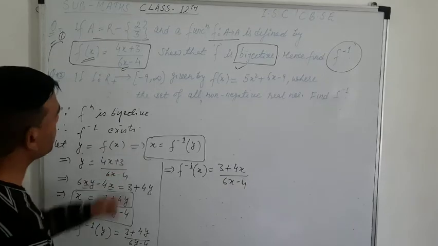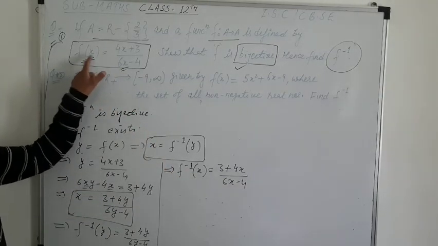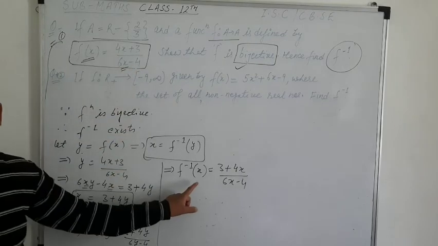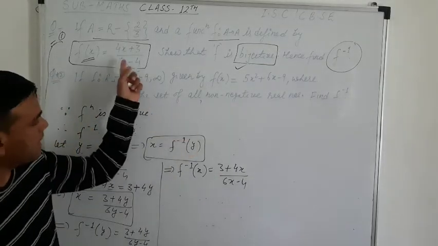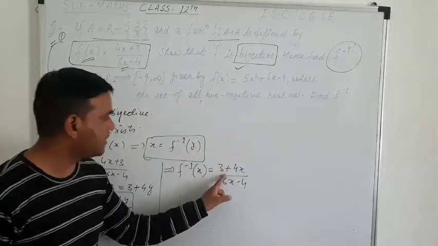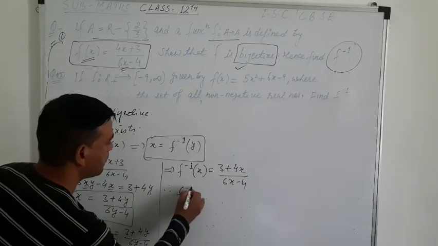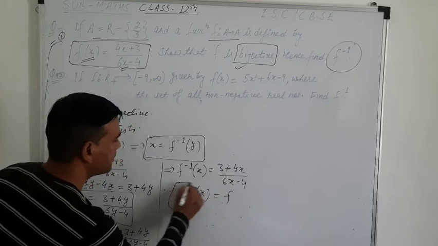You can easily see that we have the function f(x) is equal to (4x plus 3) upon (6x minus 4), and the inverse of the function is the same as the function itself, (3 plus 4x) upon (6x minus 4). So therefore you can say that the inverse of the given function is the function itself.